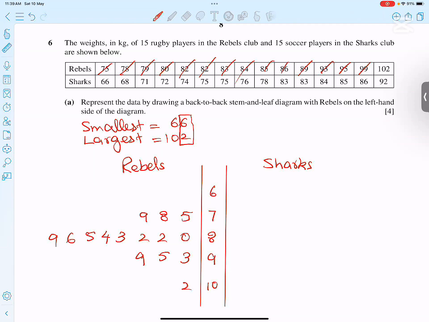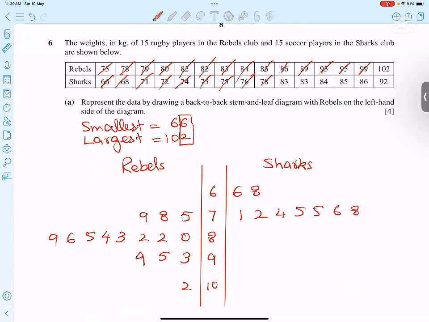Okay, let's talk about below. So 66: 6 is already here, I'm writing 6 here. Cut 68, cut 71, 72, 74, 75, 75, 76. We have 70 more available, so I'm starting 1, 2, 4, 5, 5, 6, and 8.